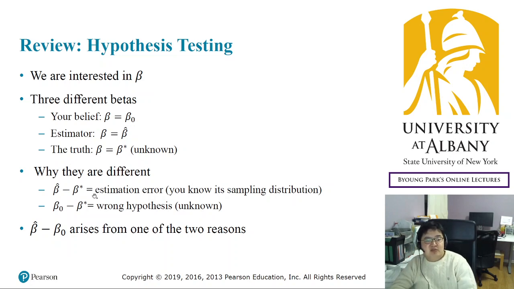If you have the sampling distribution, you can calculate the probability of estimation error, or how small an error you can expect from your estimator. So this difference between the second and the third beta is the estimation error, which is relatively well known. You don't know exactly how big the estimation error is, but you know how likely it is, its probability distribution.